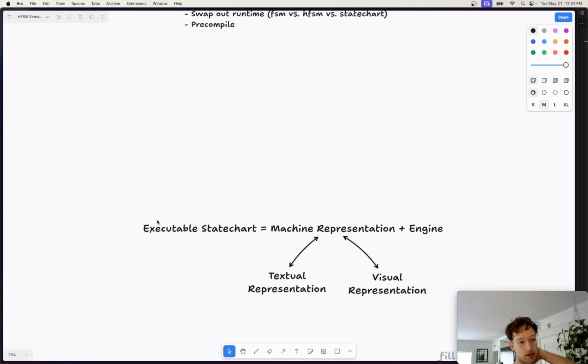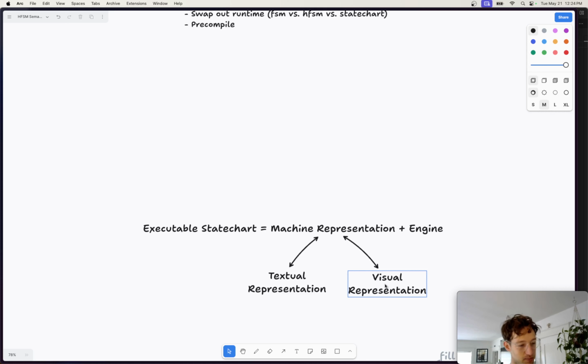But in general, there's probably going to be a divergence between the representation that's important for the engine and what someone would want to author with. Sometimes this could be a predefined grammar such as JSON or XML. Other times it can be an external DSL like StateML. And on the other end of the spectrum, there could be a visual representation that someone's authoring in order to execute a state chart.